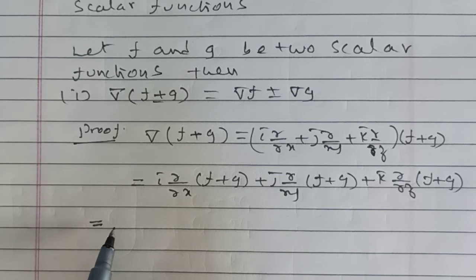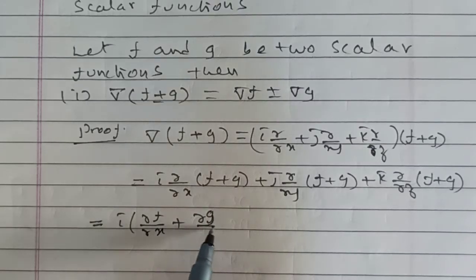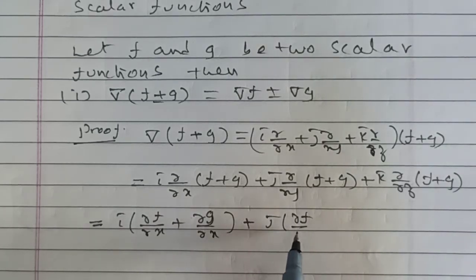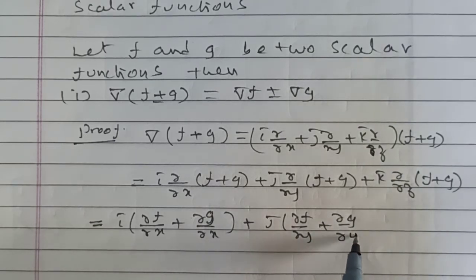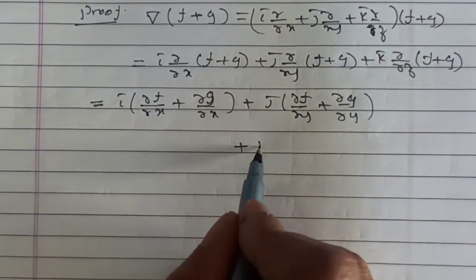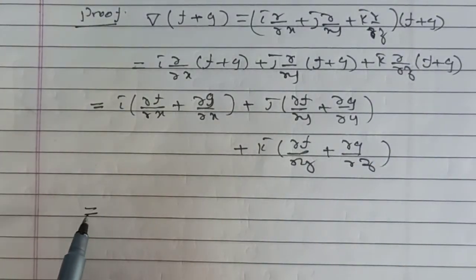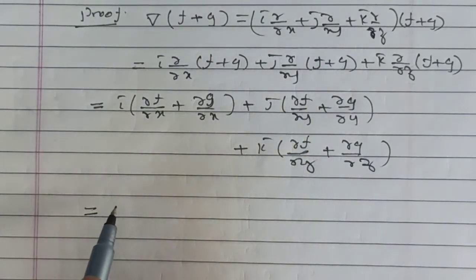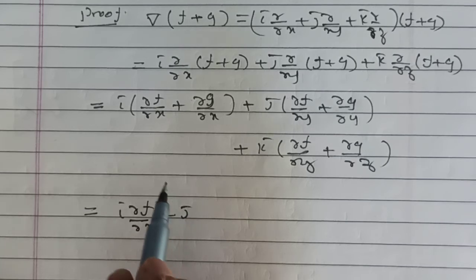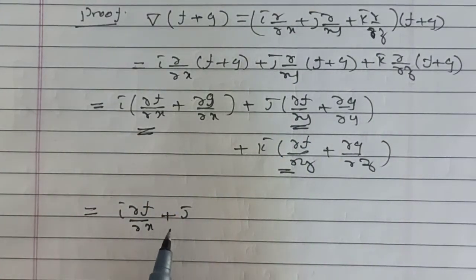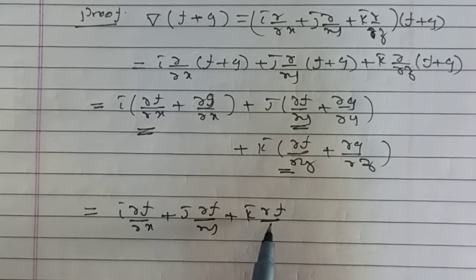so again this is a rule in partial differentiation: I bar (∂f/∂x plus ∂g/∂x) plus j bar (∂f/∂y plus ∂g/∂y) plus k bar (∂f/∂z plus ∂g/∂z) is equal to, writing all the first terms at first: I bar ∂f/∂x plus j bar ∂f/∂y plus k bar ∂f/∂z.